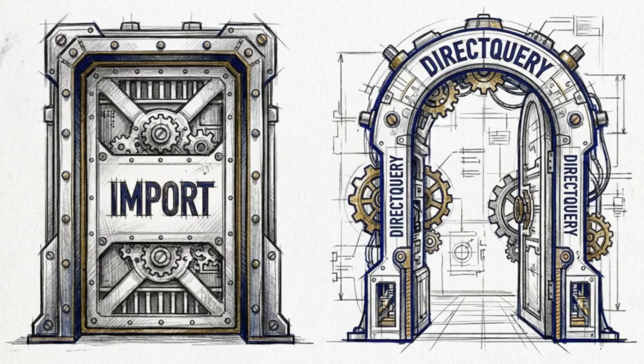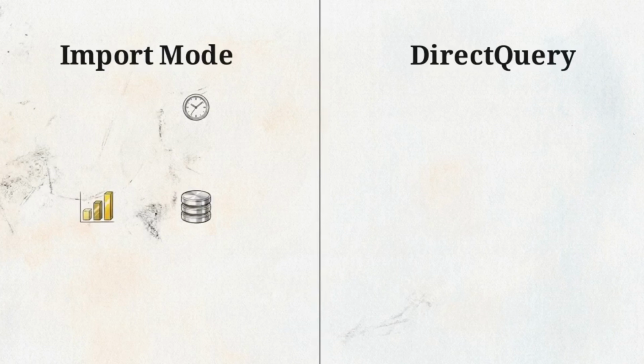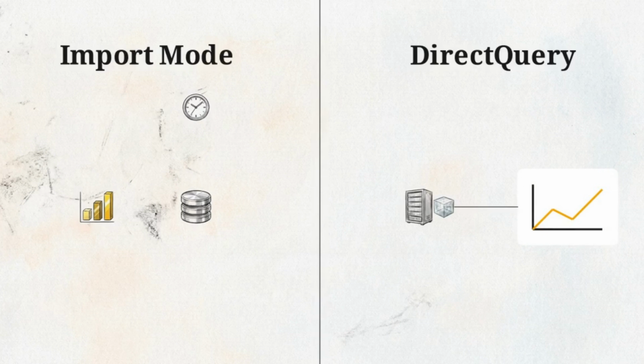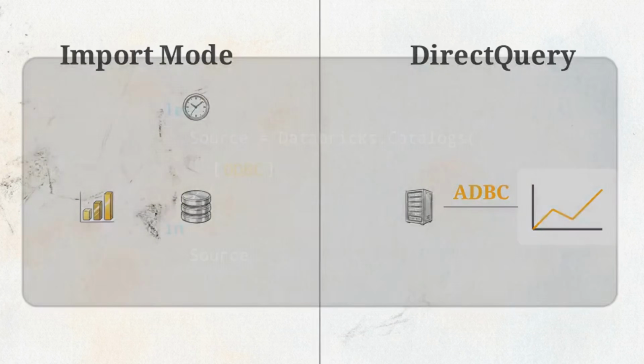When moving to Power BI, architects must choose between two primary connection modes, import mode and direct query mode. Import mode physically loads data into Power BI, providing fast queries but requiring scheduled refreshes. Direct query leaves data in place, pushing real-time queries to Databricks. To optimize this, new connections use the ADBC driver, a modern columnar API efficiently moving analytical workloads.